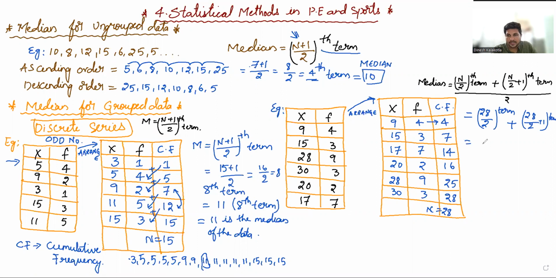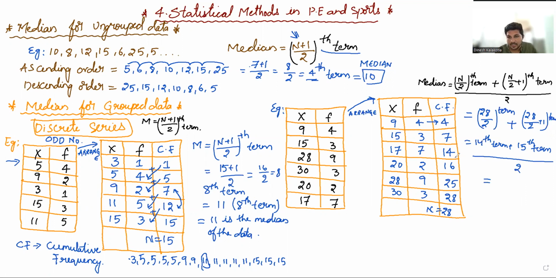Here n is 28, so 28 by 2 is 14, the 14th term, plus 14 plus 1, the 15th term, all divided by 2.